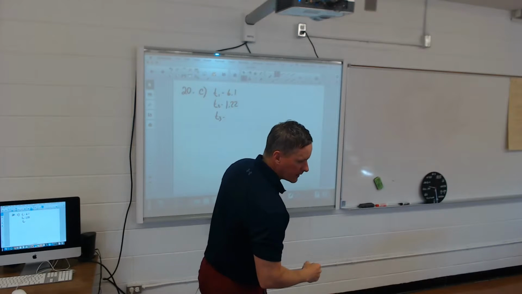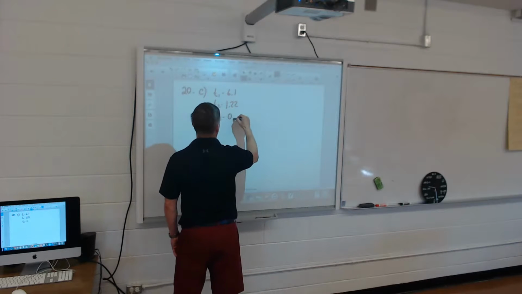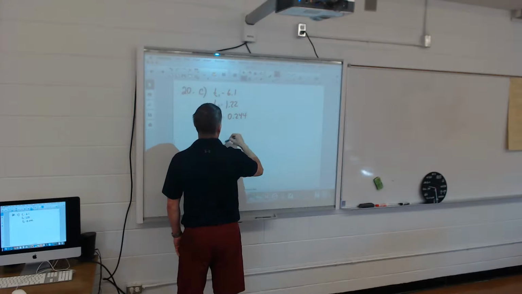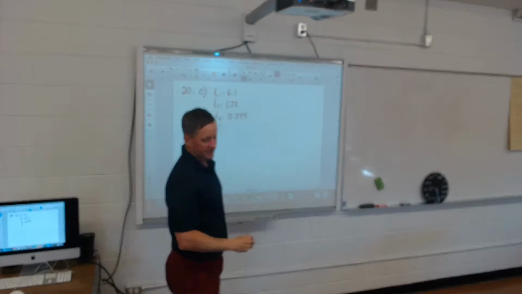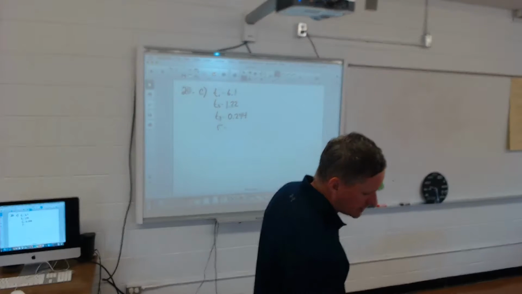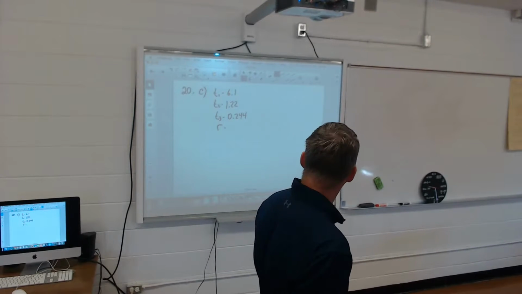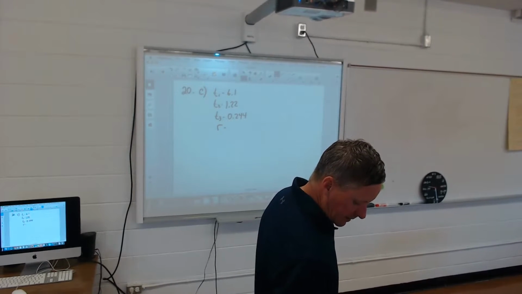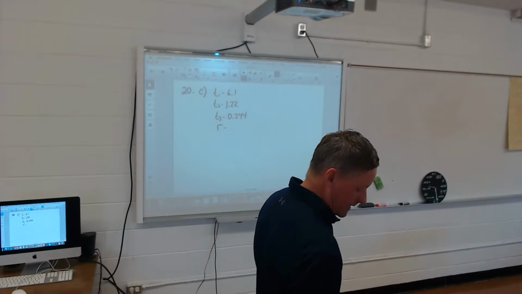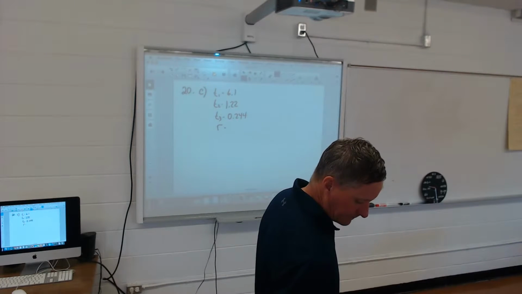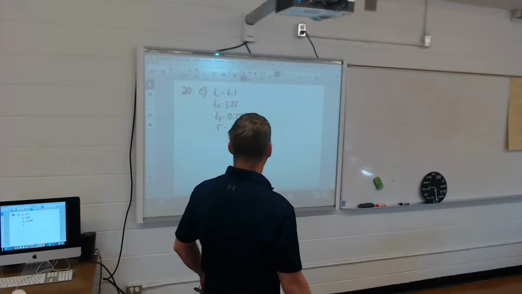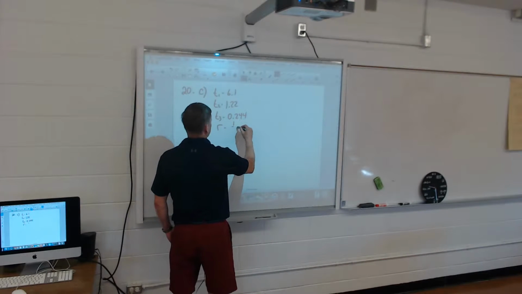T3 is 0.244. So the first thing I'm going to do is calculate my r. I always use 3 terms to calculate my r, the reason being I'm mostly concerned that I may make an error if I only do it one time. So to me, it looks like my r value is 1/5.